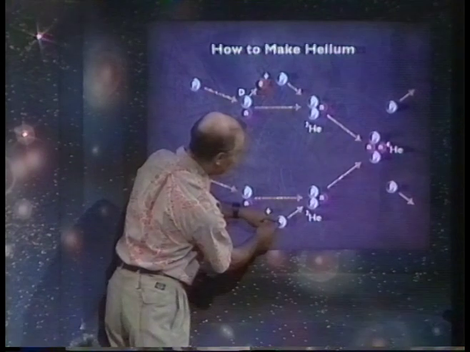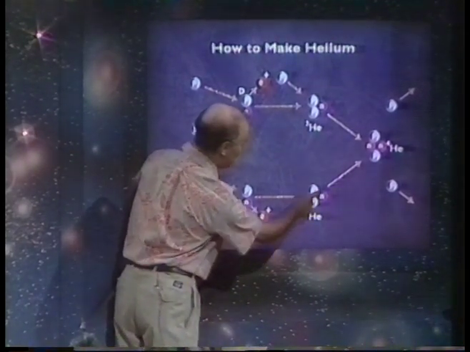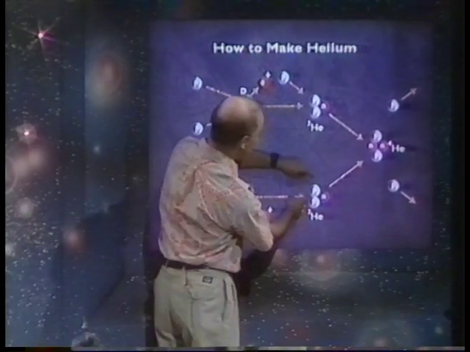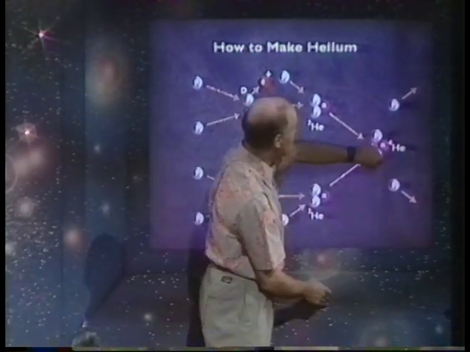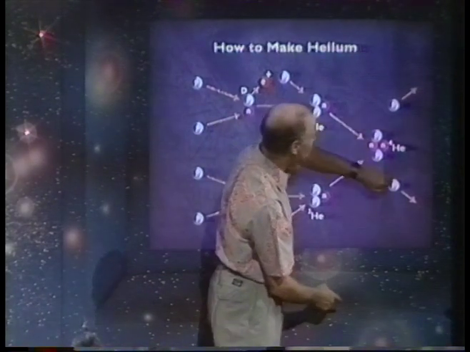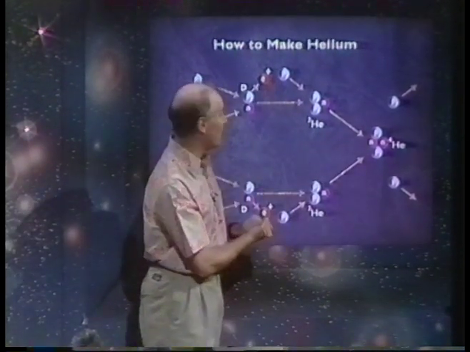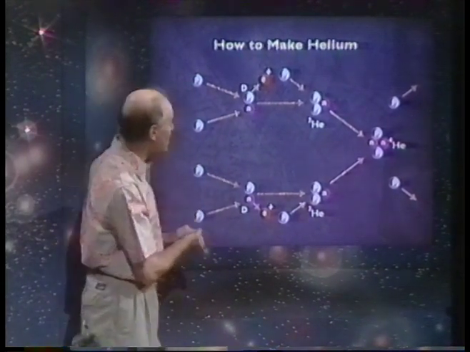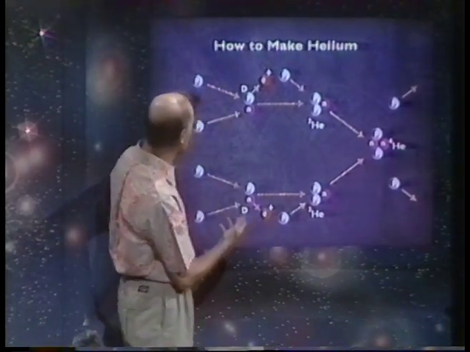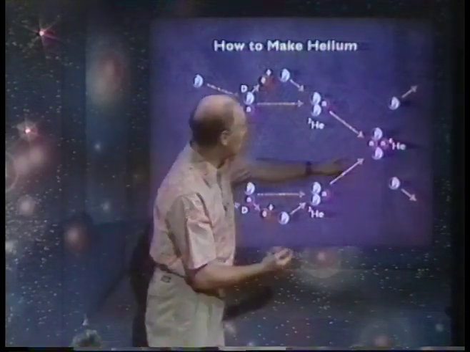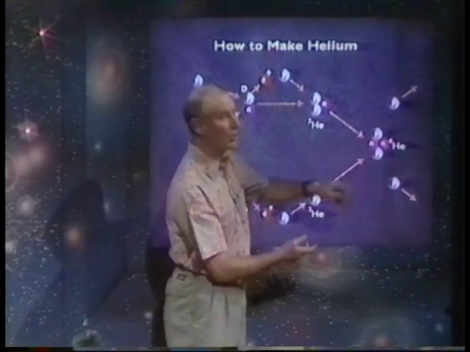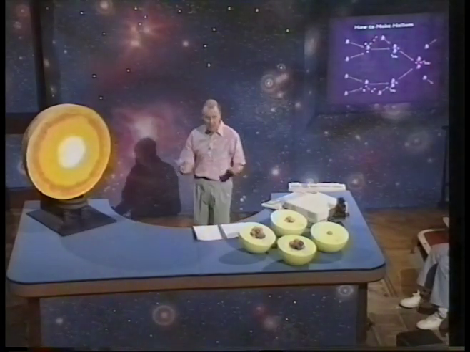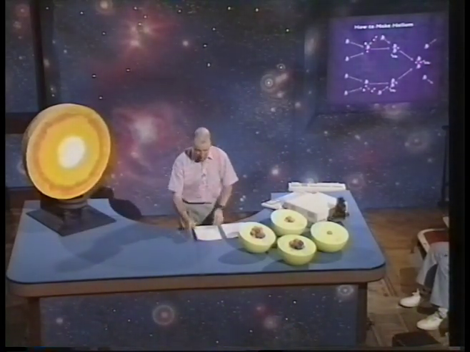Then another proton enters the scene to create a helium-3 nucleus, and then 2 helium-3 nuclei combine together to make helium-4, throwing off 2 protons at the end of that cycle. When you do the sums, you end up with a generation of energy when you convert these 4 protons into 1 helium nucleus at the end of the chain. And that is the process which keeps the Sun shining.